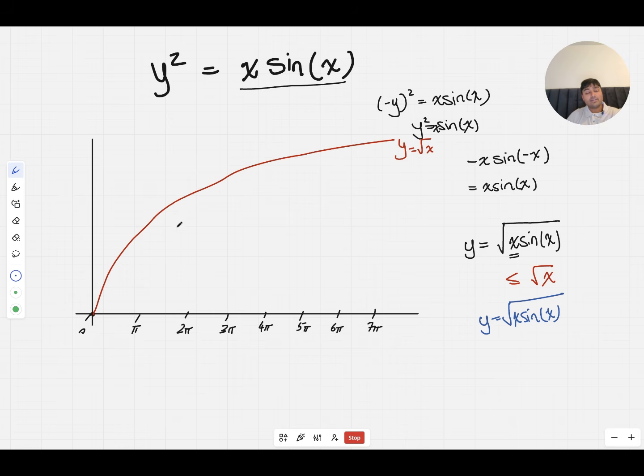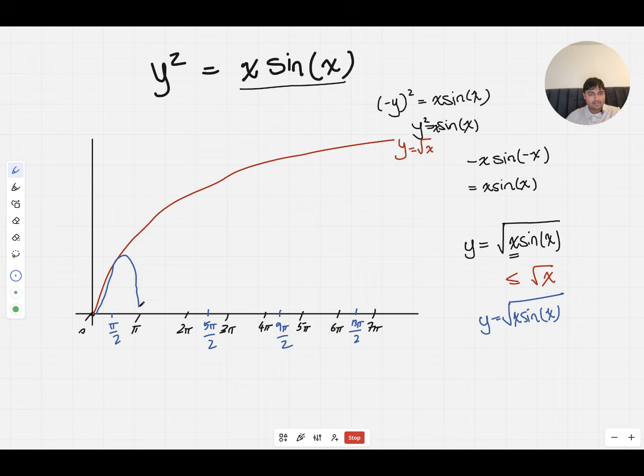I know that it's never going to go above this red curve, and in fact it's going to equal this red curve when x is pi over 2, 5 pi over 2, 9 pi over 2, 13 pi over 2, because at those values sine of x is 1, and so y would just equal root x. And so I can use this to sketch this out.